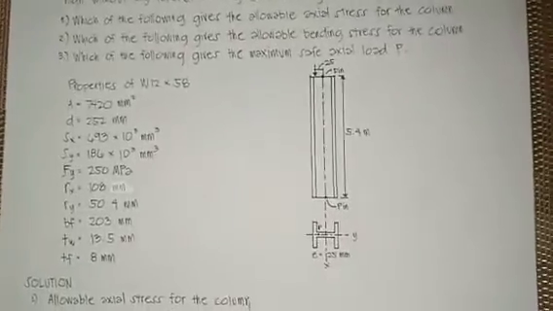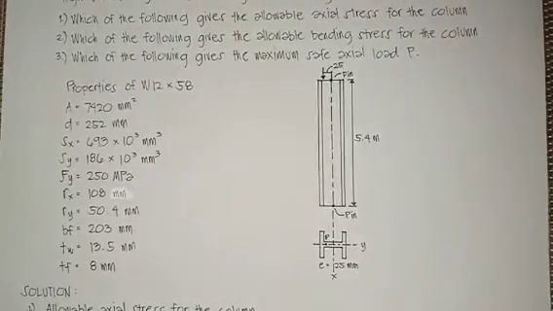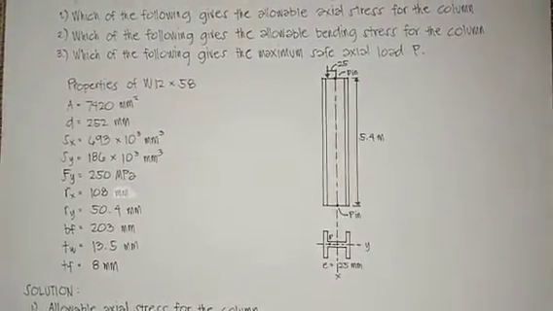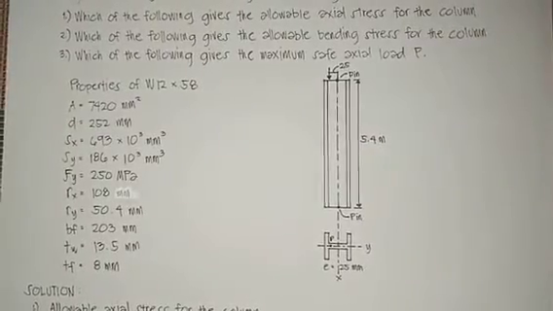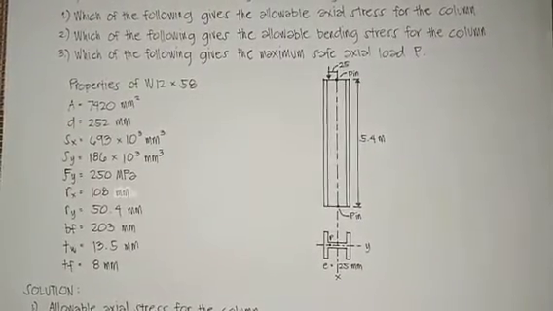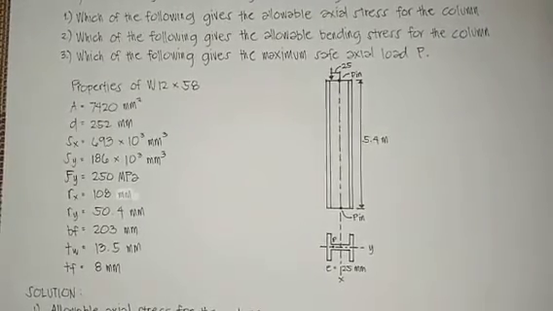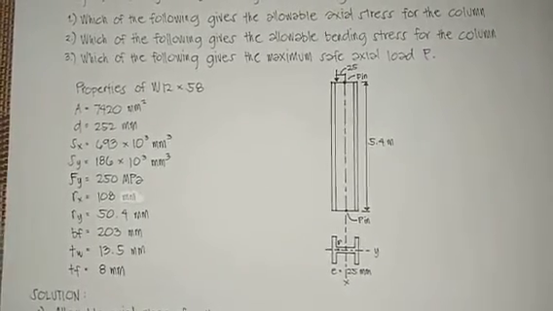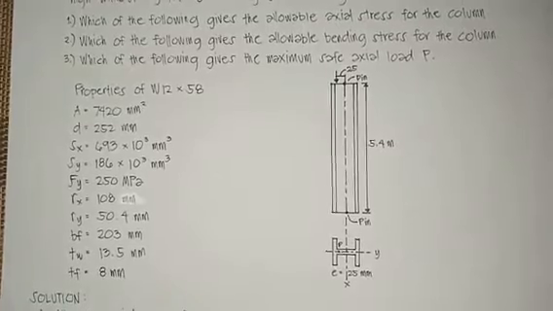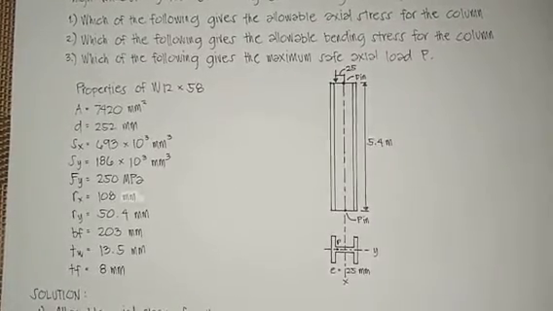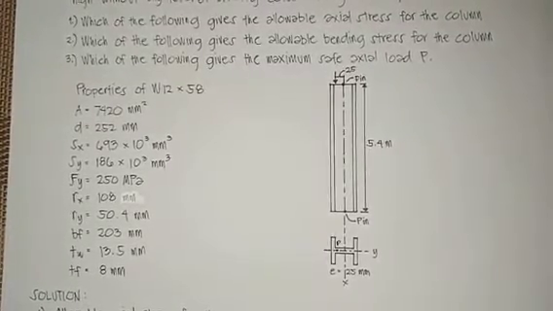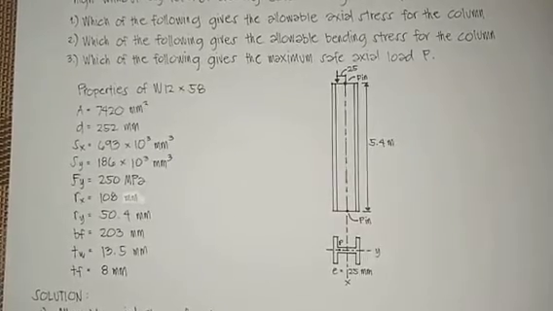So these are the properties of W12 by 58. Area is equal to 7,420 millimeters square. D is 252 millimeters. Sx is equal to 693 times 10 to the power of 3 cubic millimeters.